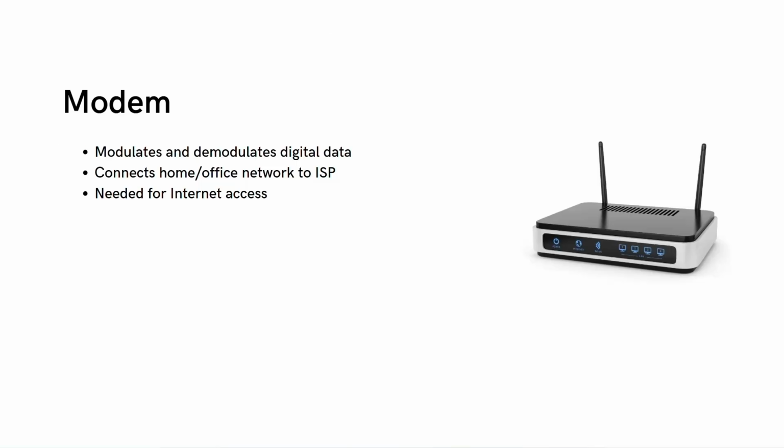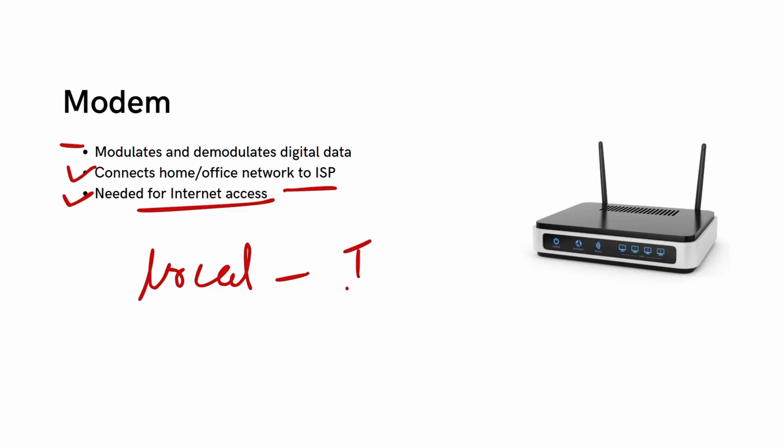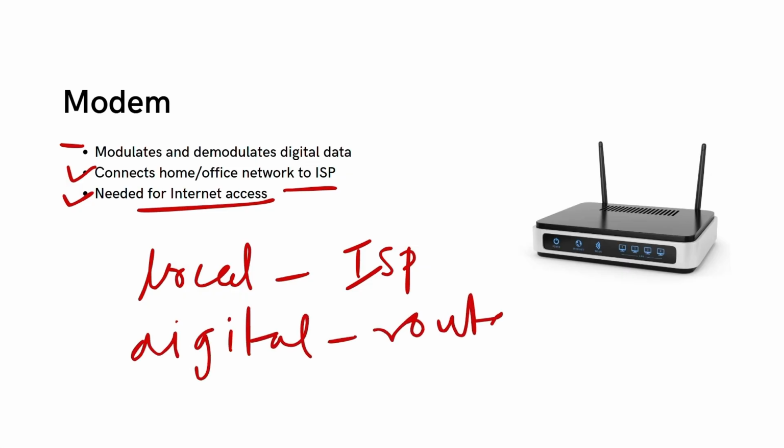Next we have modem. It modulates and demodulates digital data, and it connects a home and office network to the ISP, and it is needed for internet access. So a modem is a network device that connects your local area network to your ISP, and it converts the digital data from your router to analog signals and vice versa.